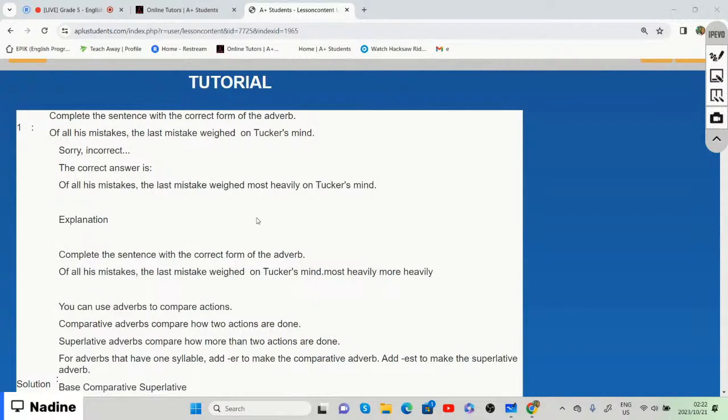But when our word has more than one syllable, we add more to the comparative adverb, and we add most to the superlative adverb.